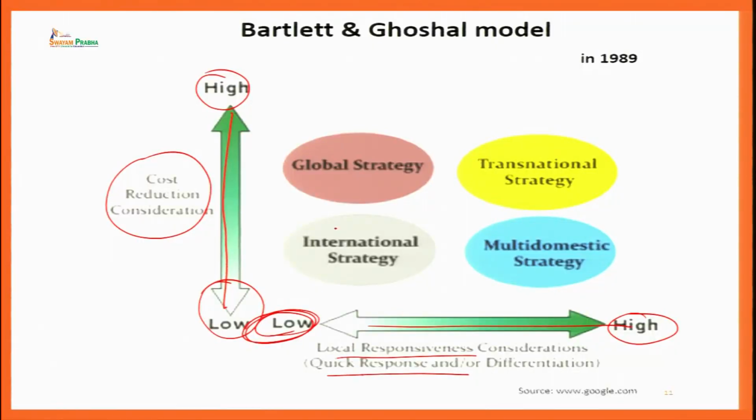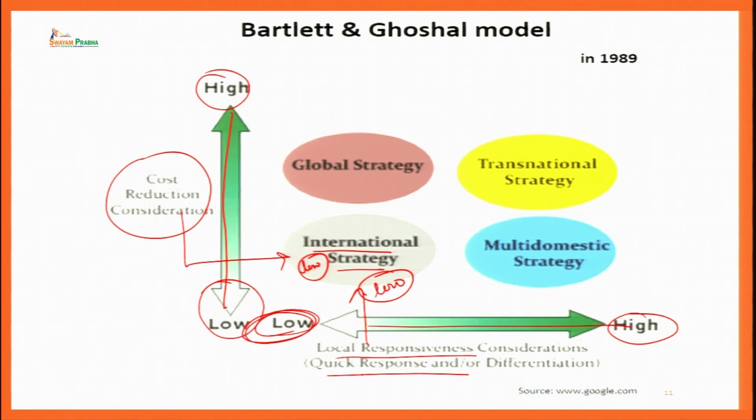So let us try to see which strategy aligns under which type of pressure. When it comes to our international strategy here, the local responsiveness pressure is low, and on this side the cost reduction pressure is also very low. That means there is no pressure upon a company to reduce the cost of the product when they are offering it in the international market.